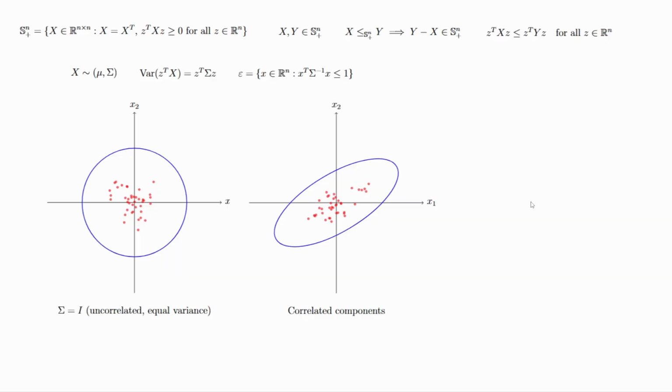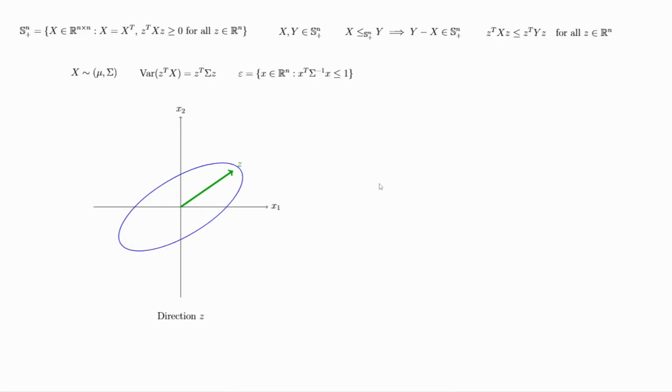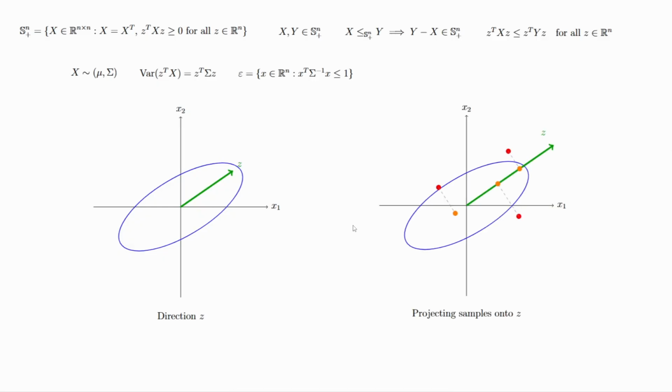Let's think geometrically about what the variance of Z transpose X really means with these ellipsoids in mind. First we draw some vector Z in some direction. We project each sample onto this direction. Then we ask, after sampling many times, what is the variance of these projections for any given Z?